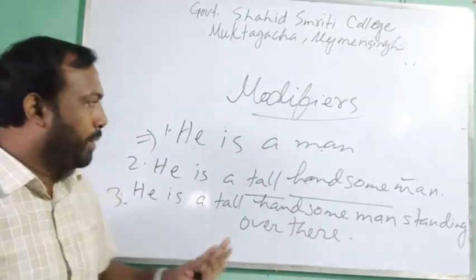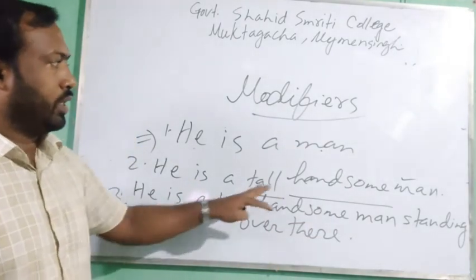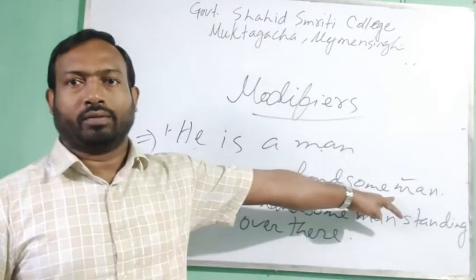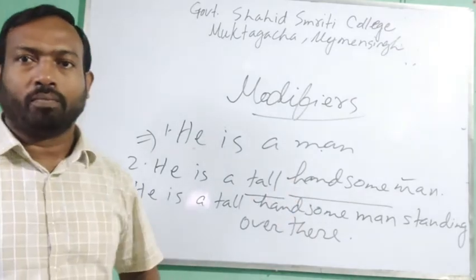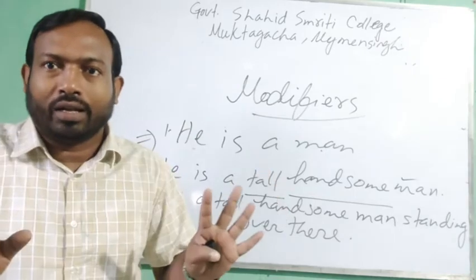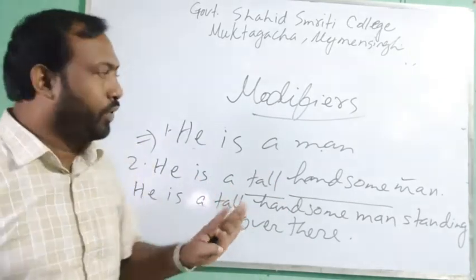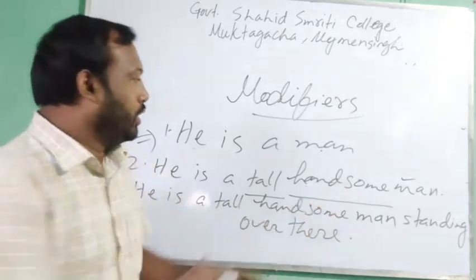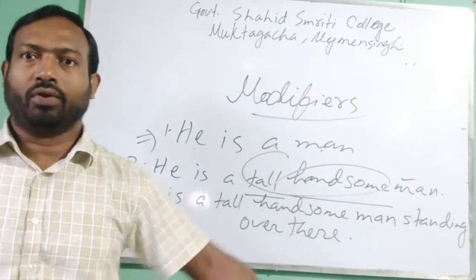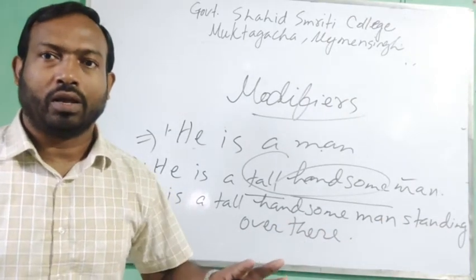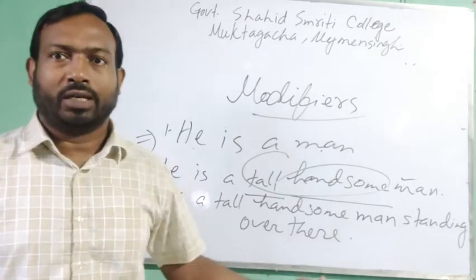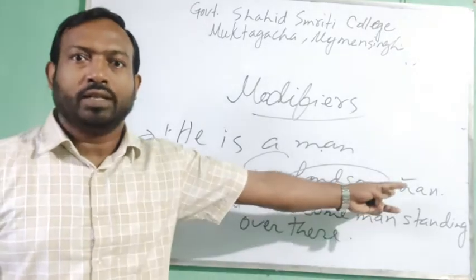But in the second sentence, it gives visual information about the man. He is tall and handsome. He is tall, he is handsome, he is not ugly. So he is attractive. These two words differentiate the man from other men who are ugly, small, or shorter. He is tall, so this specifies the identity of the man.